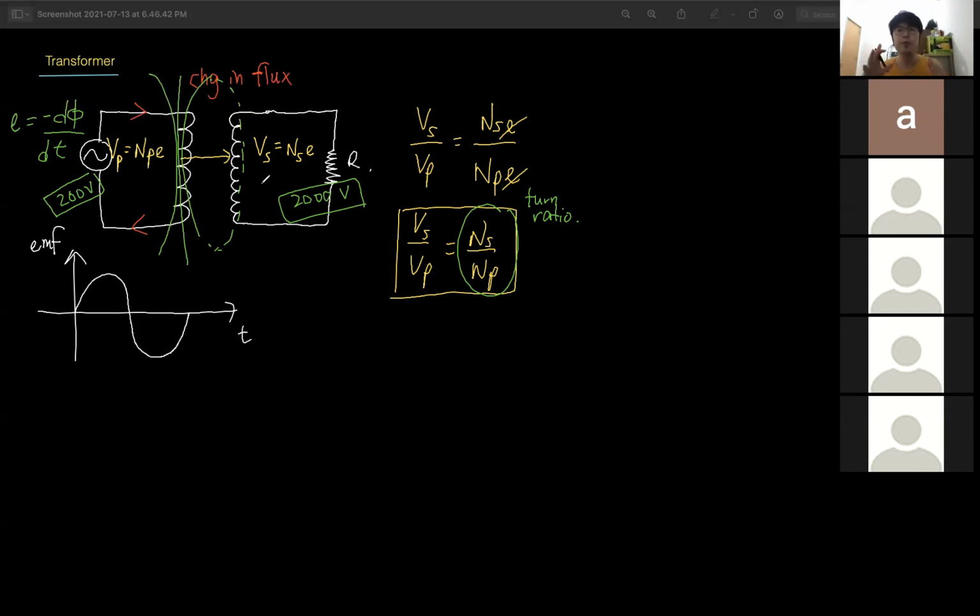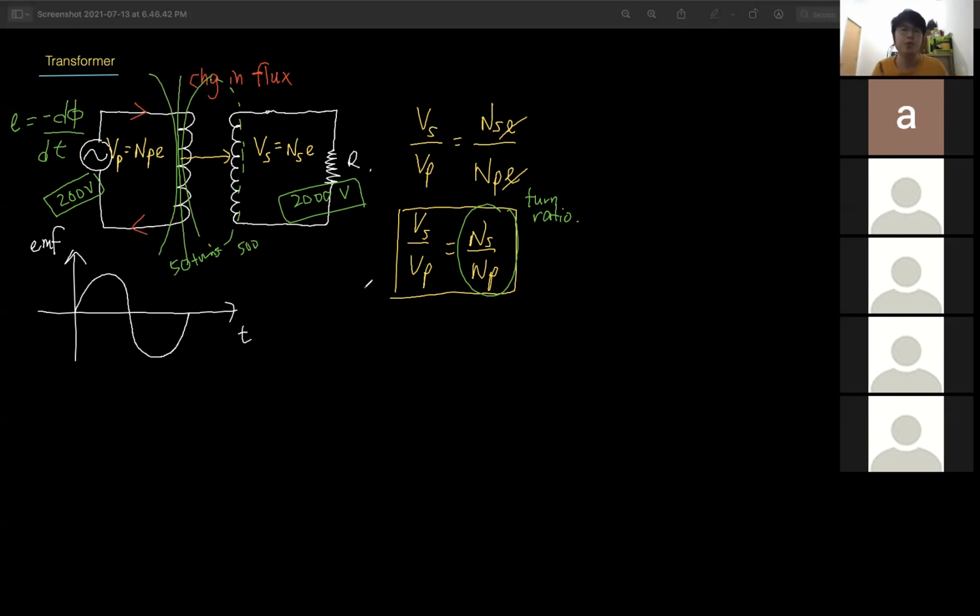If I want to produce a voltage that is 10 times more, that means I need 10 times more turns in the secondary coil. So if this is 50 turns, then this must be 500, 10 times. Then only it will produce the voltage I need.